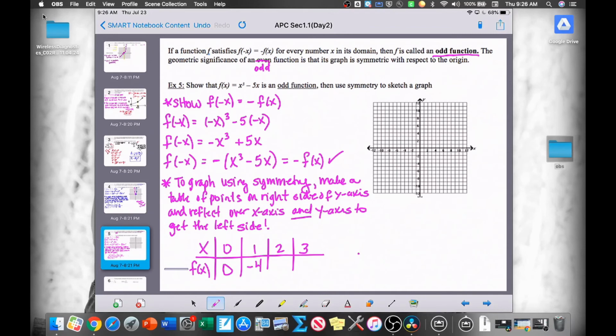When I plug in 2, 2 cubed minus 5 times 2, that gives me negative 2. And when I plug in 3, 3 cubed minus 5 times 3, that gives me a value of 12. All right, so then I go ahead and plot these points: 0, 0; 1, negative 4; 2, negative 2; and 3, 12. Just way up there. Okay.